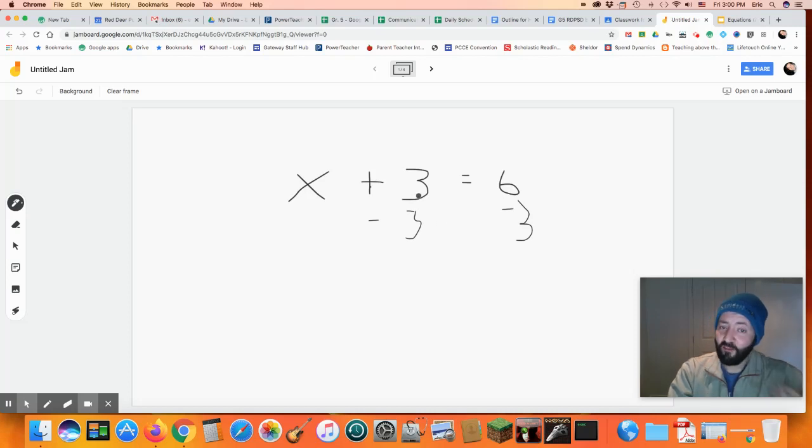Okay, so that's the first thing I would like to see from you. The second thing that I would like to see from you is that you are striking this off, that you've subtracted it. So that means there is nothing left there. And then the third thing that I would like to see is that you still recognize that we still have our mystery bag on the left side here, the left side of our equal sign.